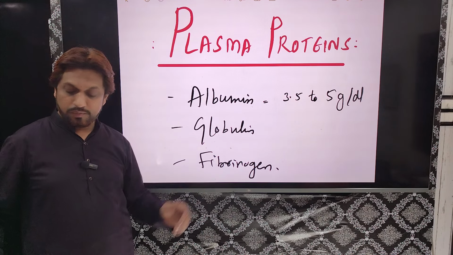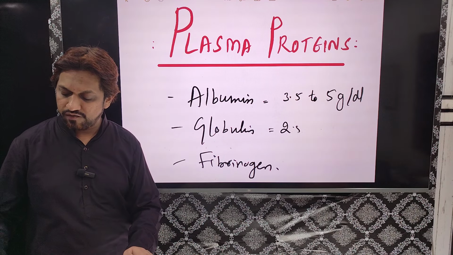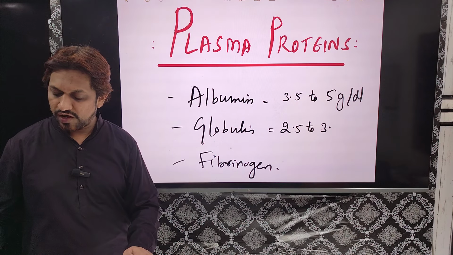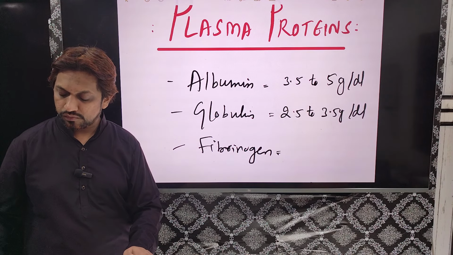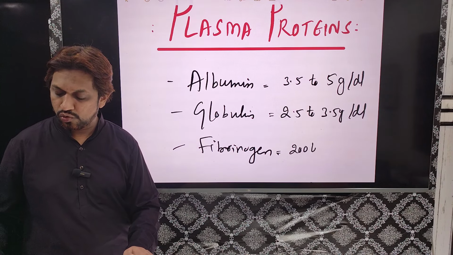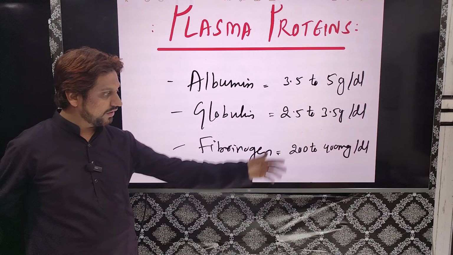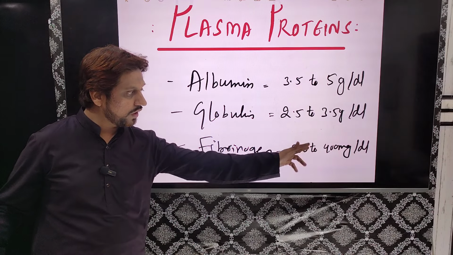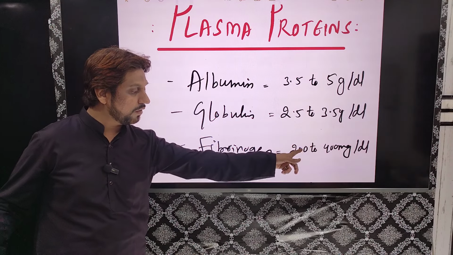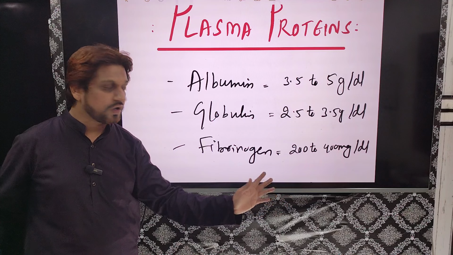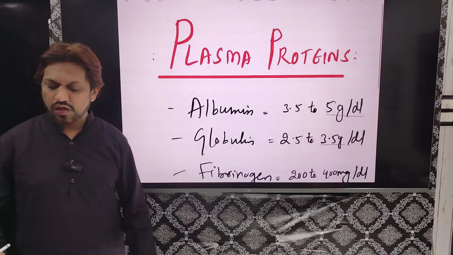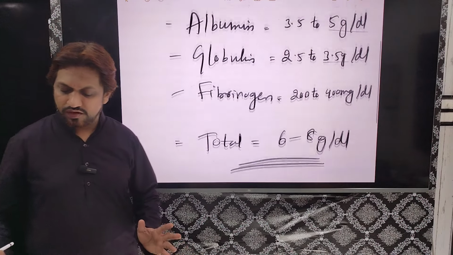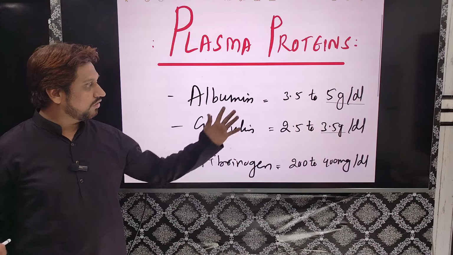Globulins are around 2.5 to 3.5 grams per deciliter, whereas fibrinogen is around 200 to 400 milligrams per deciliter. Please concentrate on the units here. In terms of grams, it is around 0.2 to 0.4, on an average around 0.3 grams per deciliter. These are the total and individual normal values of the plasma proteins.